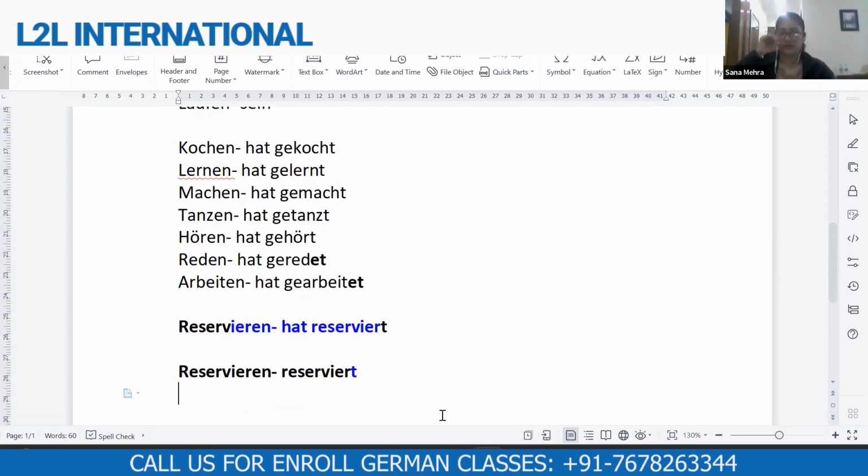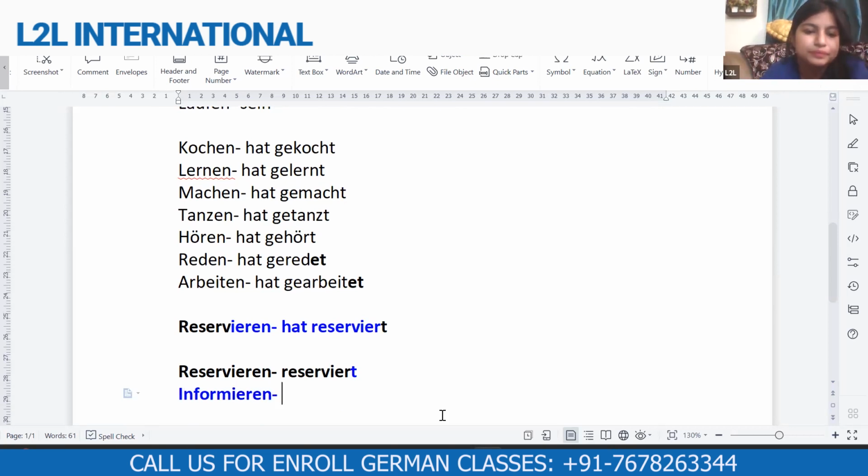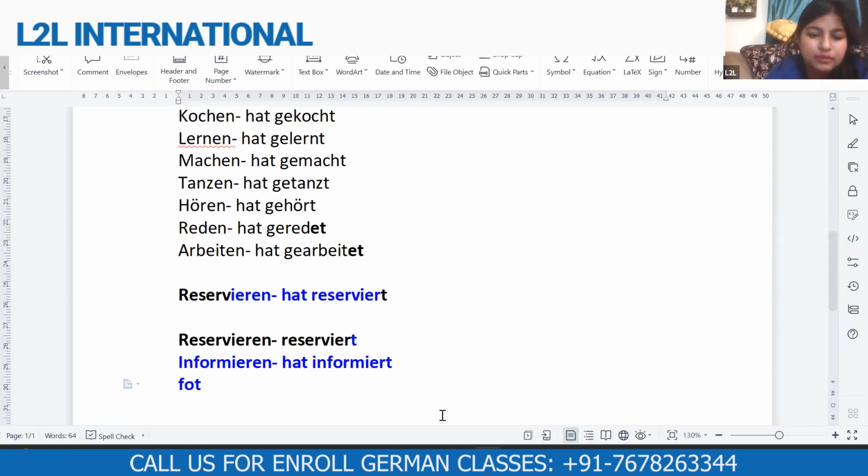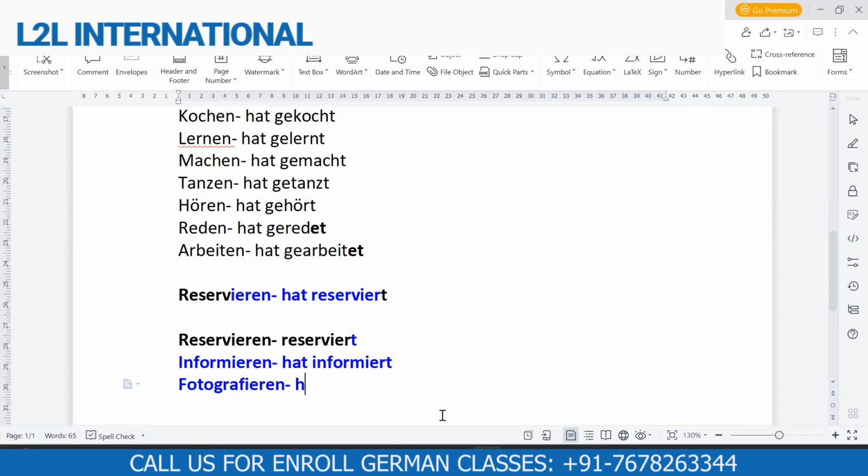So again, I would like to give an example for the same. Informieren. Who can tell me for informieren? Hard informiert. Sehr gut. Samriddhi, fotografieren. Hard fotografiert. Very good.